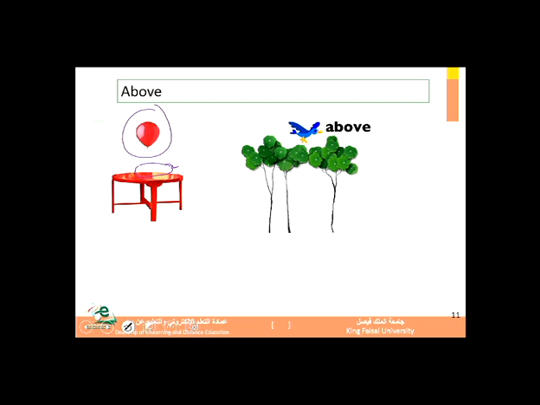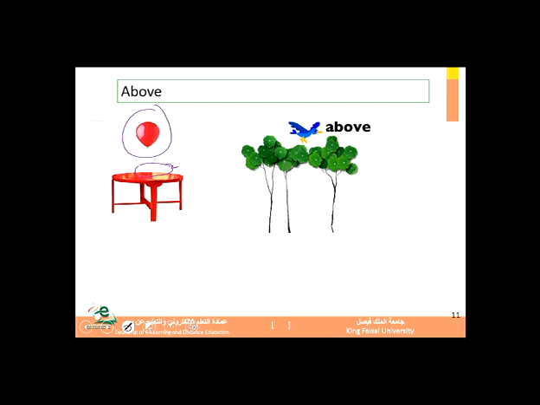Similarly, if you look at this bird, the bird is not on the trees, but the bird is above the trees. So this is how we can use those prepositions. So you can simply say the balloon is on the table. The balloon is above the table.